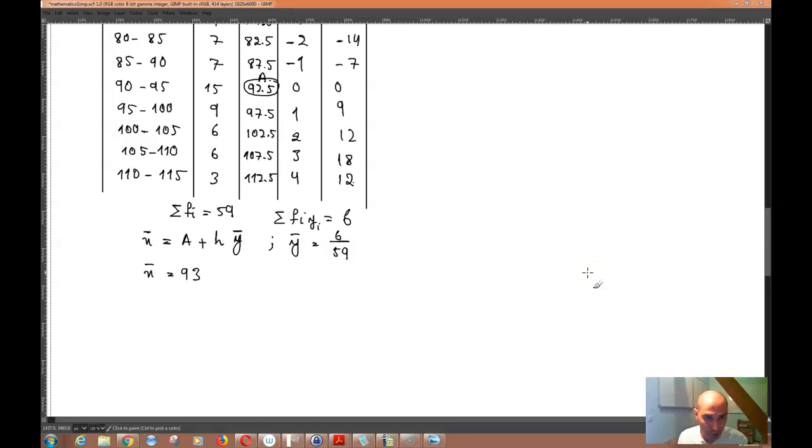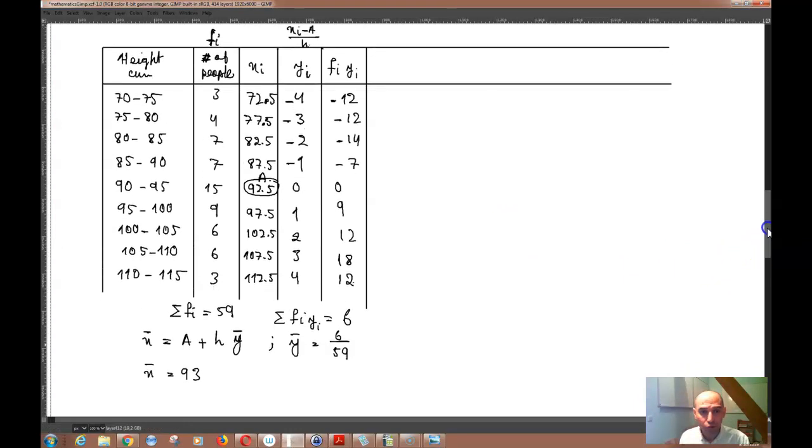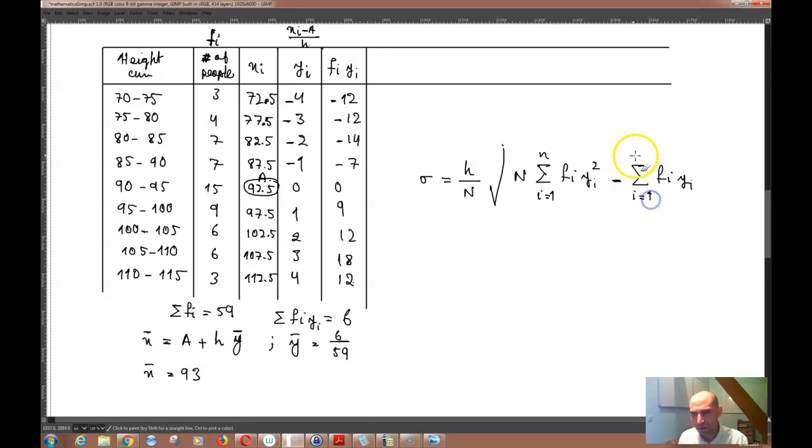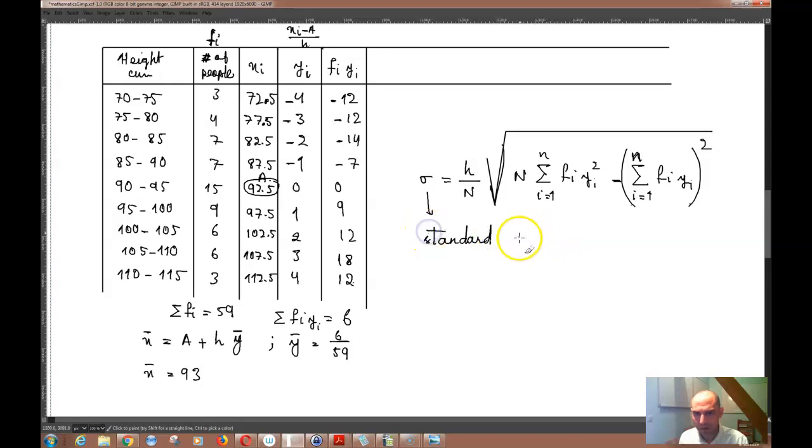Since we're using the shortcut method, it's important to note that in the shortcut method we have basically this formula, which is sigma is equal to h divided by n times the square root of n times sigma f of i y of i squared as i goes from 1 to n, minus sigma of f of i y of i as i goes from 1 to n, whole squared, and take the square root of this whole thing. That is the standard deviation.